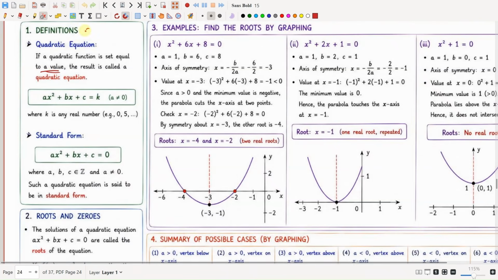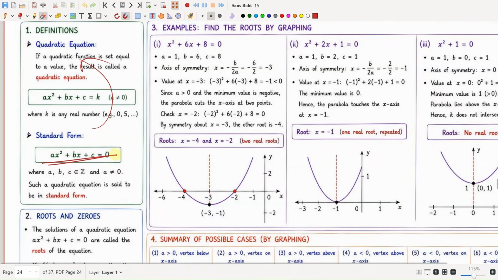See, f of x is equal to ax square plus bx plus c will be the quadratic function. But if you set f of x to some constant, ax square plus bx plus c is equal to k, where k is any real number, then it is called a quadratic equation.